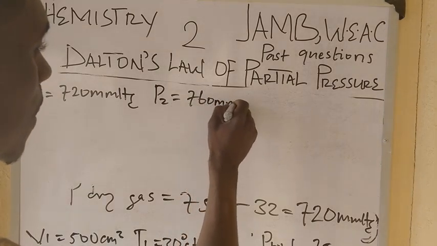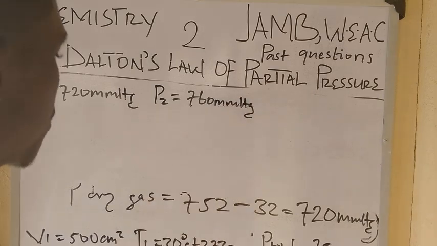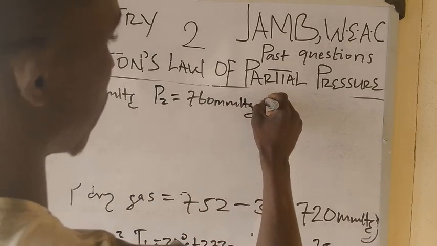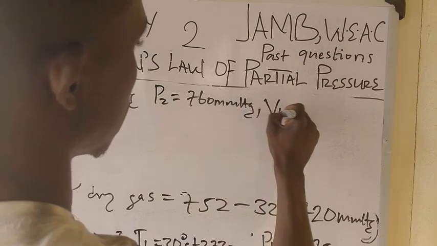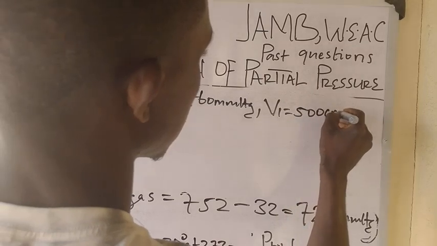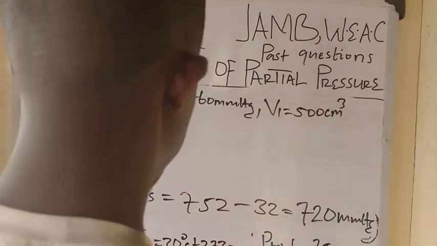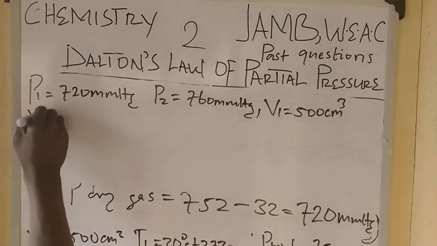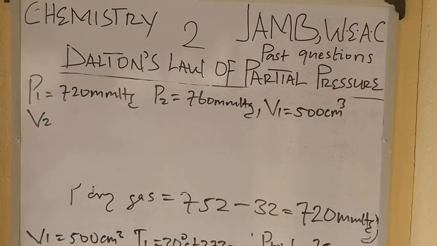My P2 is equal to 760 millimeter mercury. V1 is equal to 500 cm cube. So V2 is what we are looking for, right?